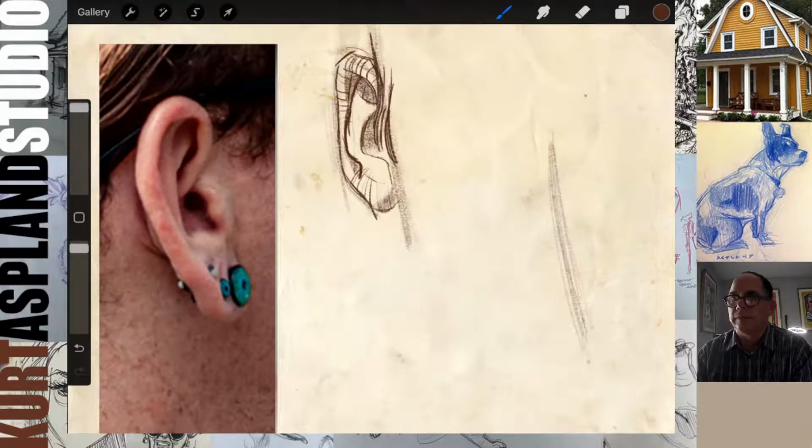Kind of like that. And then all I'm going to do now is rough in the shape.